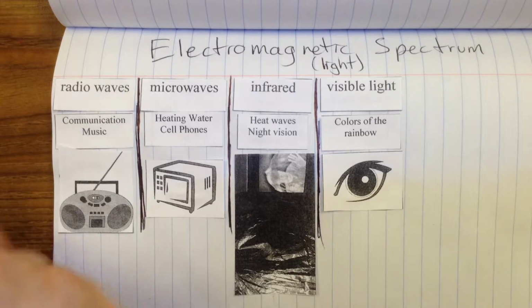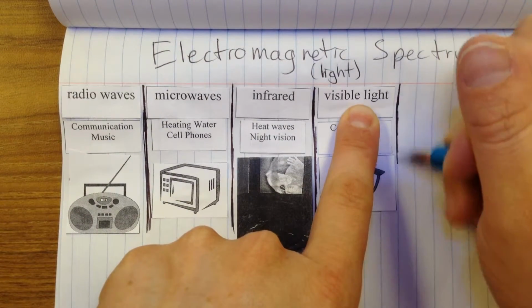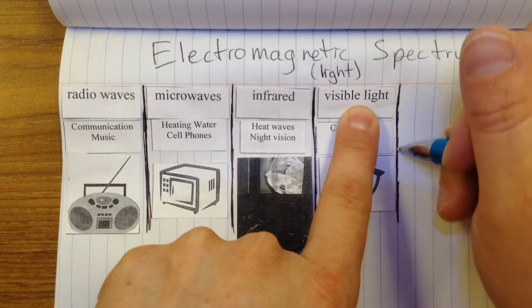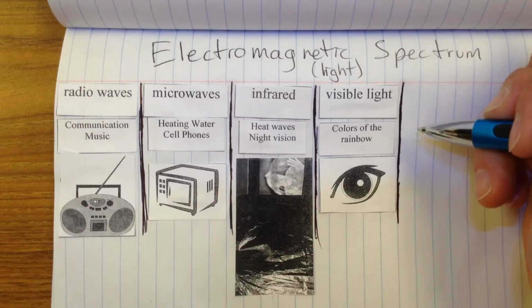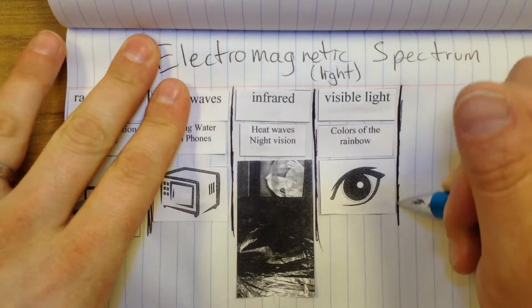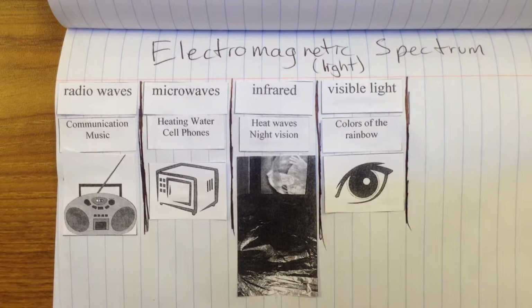Okay? So visible light, going to go ahead and draw on the dark line. We'll come back to visible light in a minute. No, actually, we'll do it right now. Draw on that dark line on the opposite side of visible light. We are going to get into more detail on that.